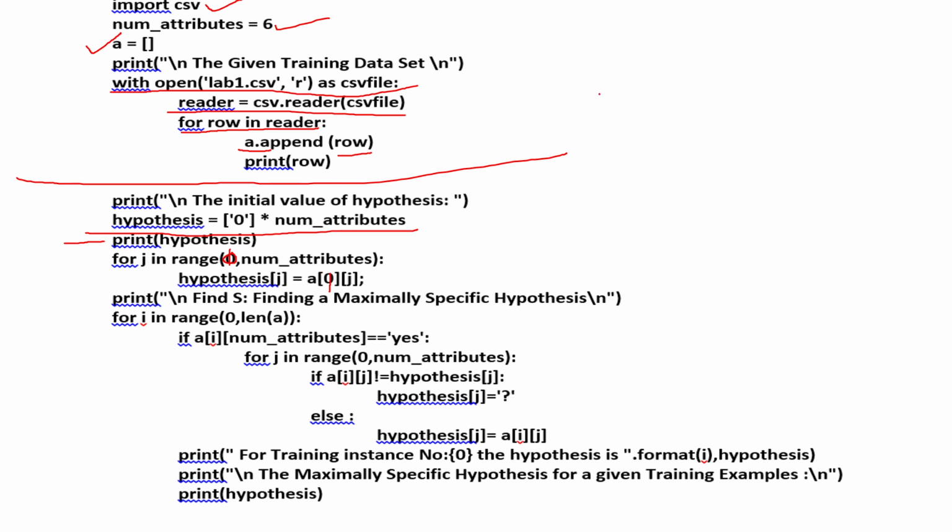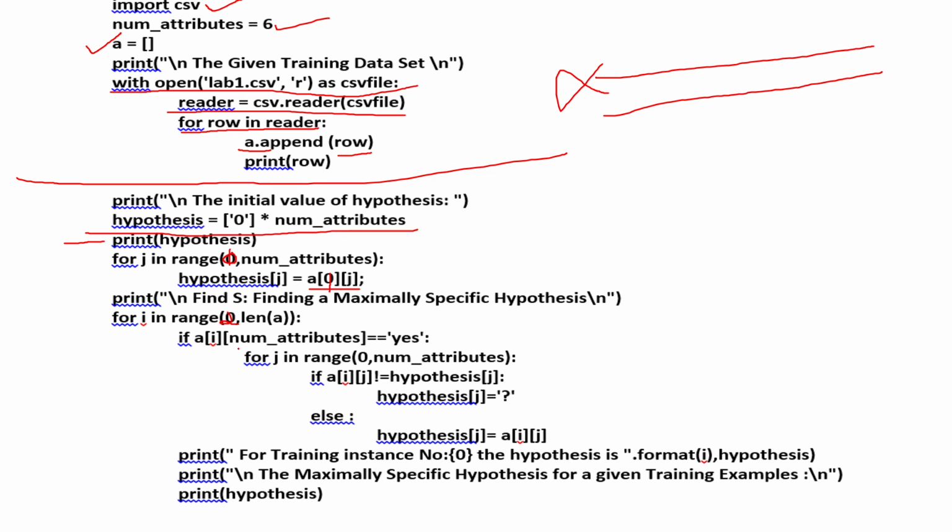If your CSV file contains labels, you don't want the first row; the second row is where the data starts, so copy that into the list. From there you pick the data and put it into the hypothesis for all the attributes, 0 to the last attribute. From the second row, that is index value 1, copy that to the hypothesis. Since I assume the first row is the label row and the second is already copied, you can start from the next one just to save time.